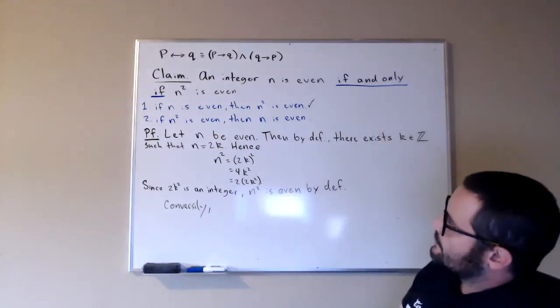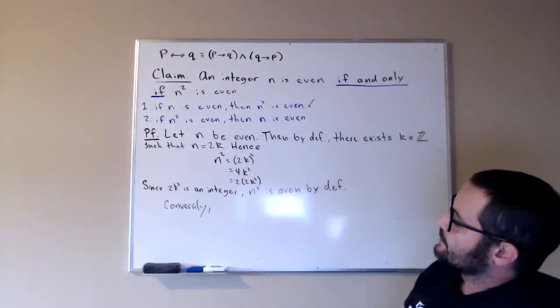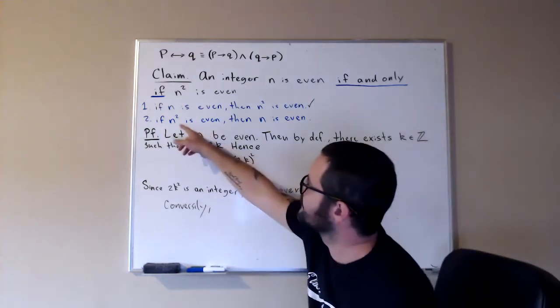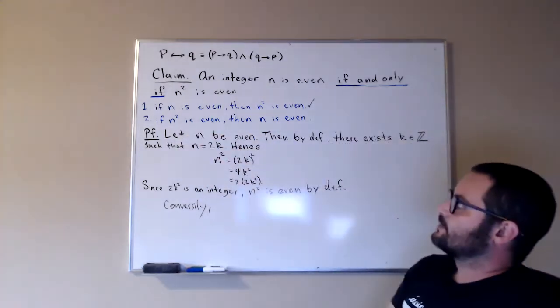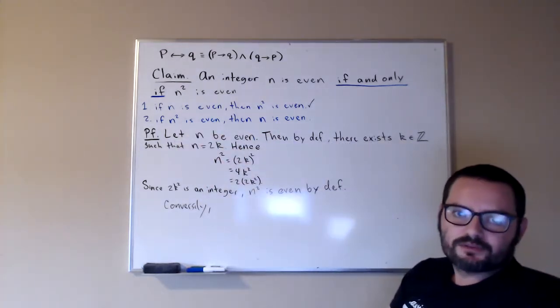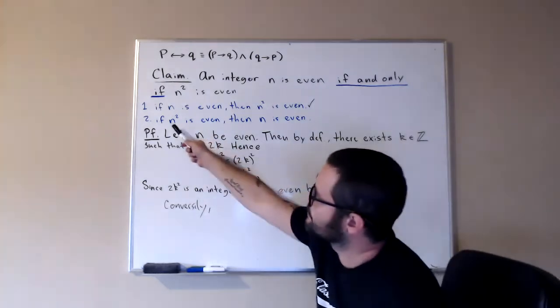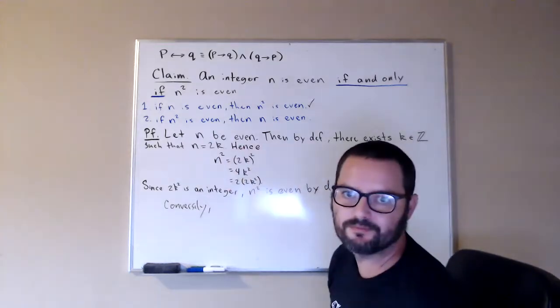Now, if you've been keeping up with the homework, you will notice that this type of proof, if n squared is even then n is even, can be done by non-direct methods. That's probably the best way to do it. So I'm going to do that by proving the contrapositive of part 2.